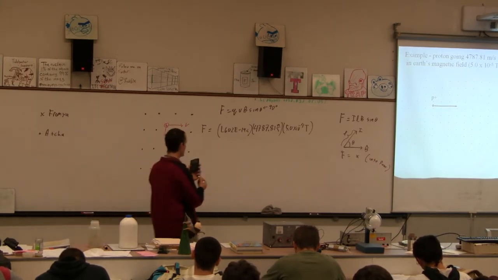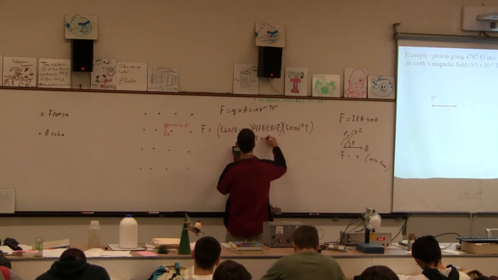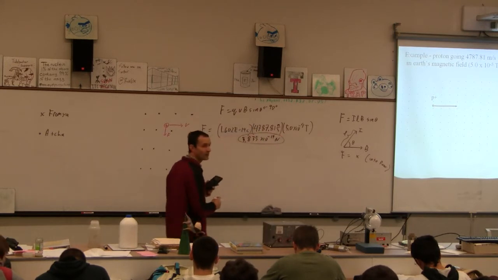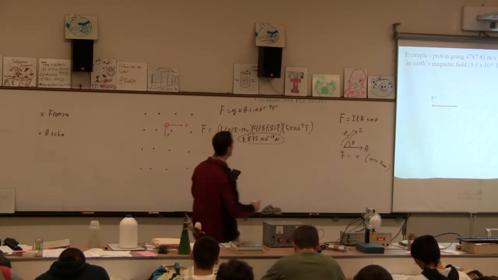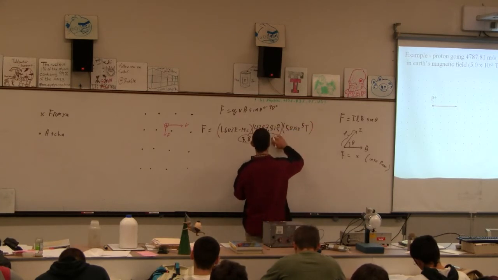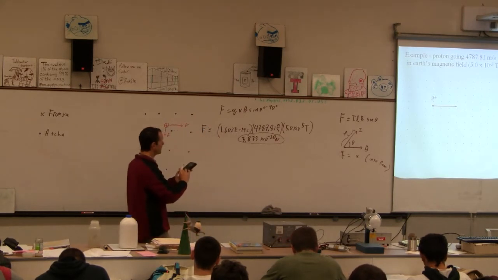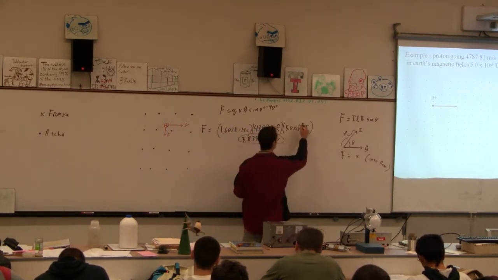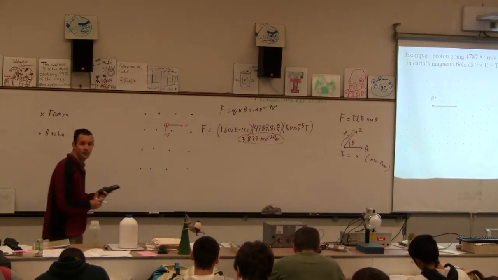And I'm getting a force of 3.835 times 10 to the minus 19th newtons. Yeah? Did you? Oh, E minus 5. Yeah, okay. All right. Smart aleck kids. There we go. Are we good so far?